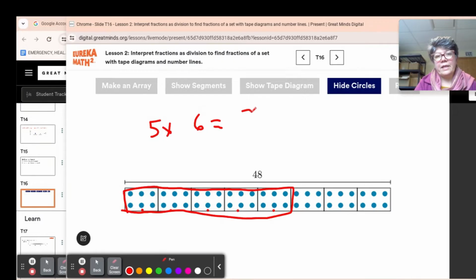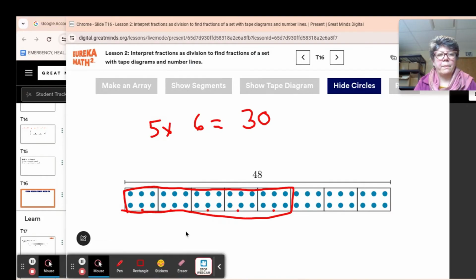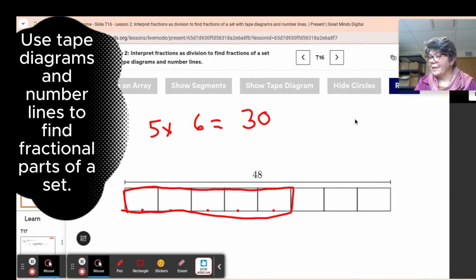So 5/8 of the 48 pencils would be 30 pencils, right? Okay, and then there's one more thing that we can show here. If I hide the circles, now it looks even more like a tape diagram, right? So today we're going to be using tape diagrams and number lines to find fractional parts of a set.